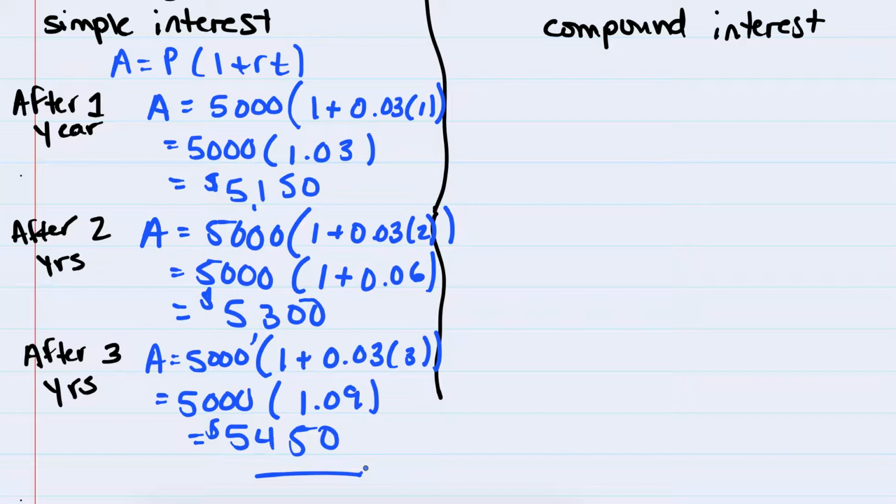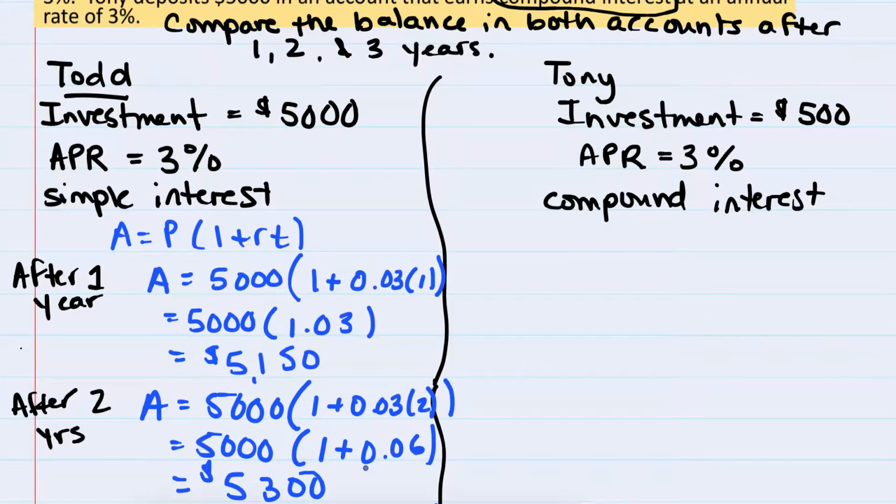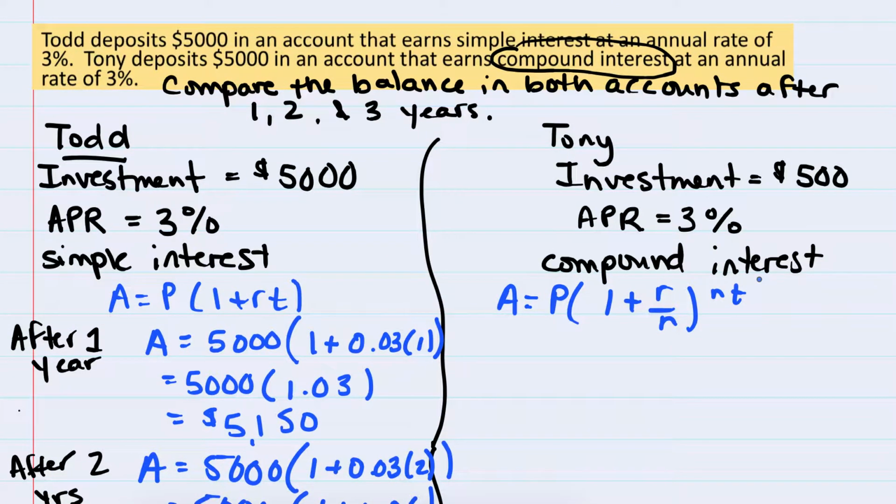Now let's compare this to the compound interest formula. So I'm going to put the compound interest formula here. A is P(1 plus R over N) to the NT. Okay. In this problem, he's going to get his interest annually, just once a year.